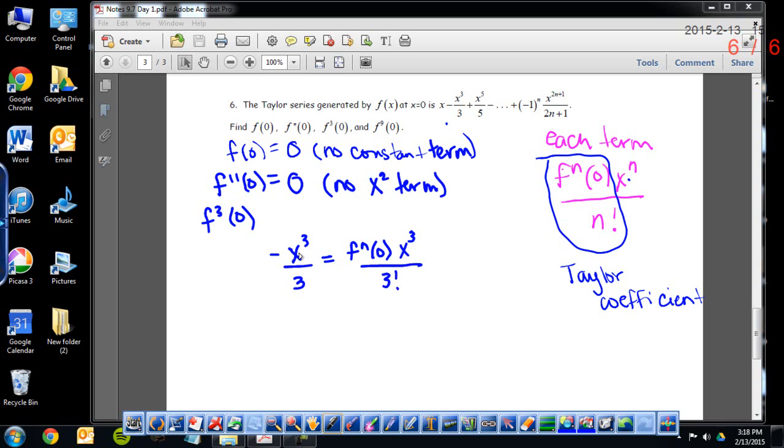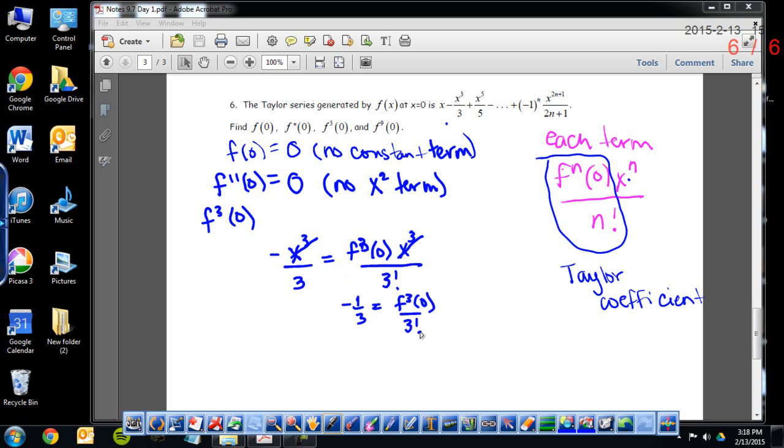So I can basically knock off these x cubes because I have an x cubed on either side of the equal sign, and what I'm really looking for is this third derivative. So I just have an equation here that I need to solve. I essentially have negative 1/3 is equal to the third derivative divided by 3 factorial.